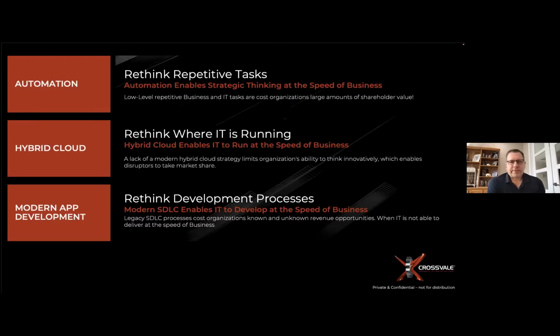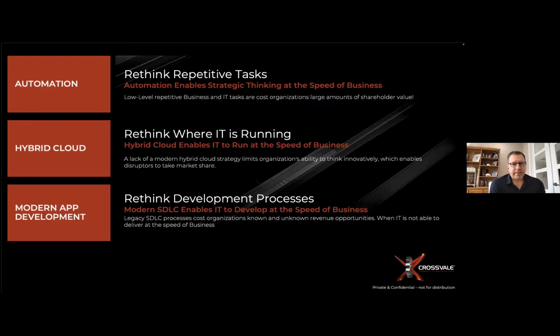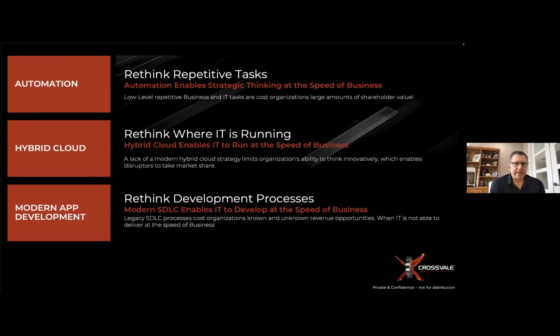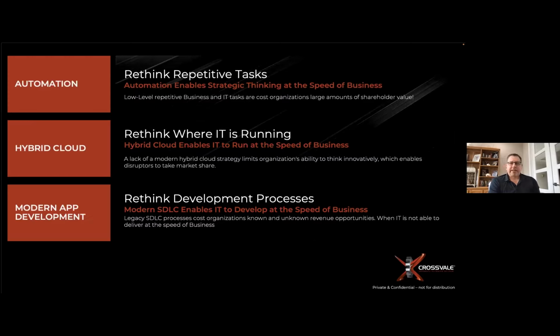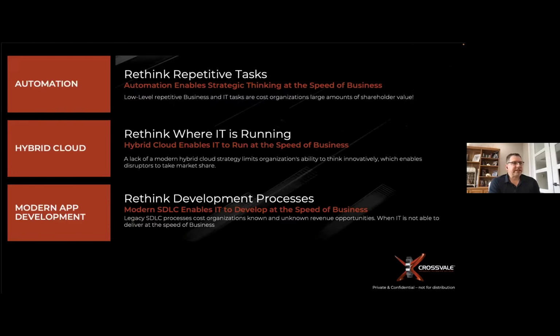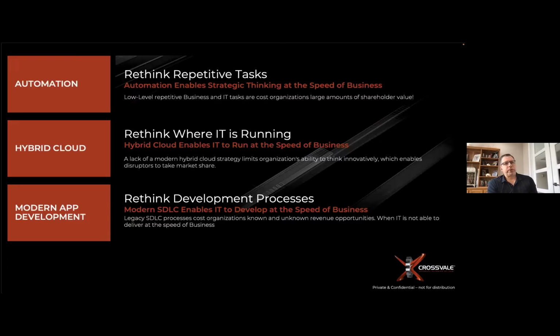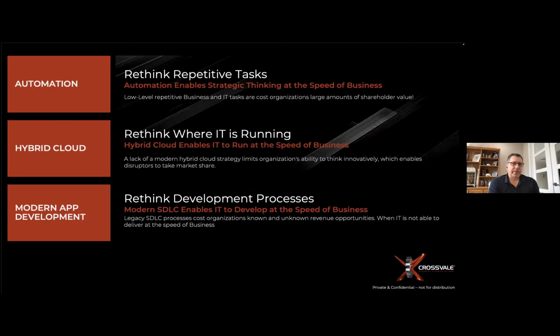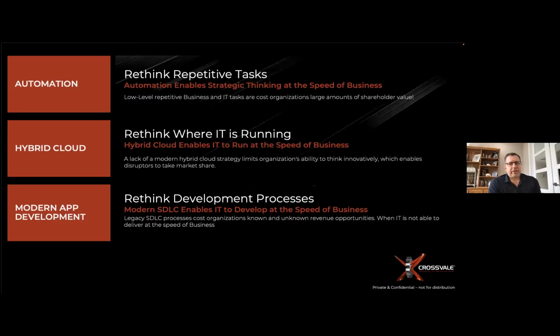So at Crossvale, we like to focus on 3 main areas that we're seeing as far as emerging technologies and common themes. One of them being automation. We like to help companies where they're taking a repetitive task and try to automate them and drive more efficiencies, and changing the speed at which they can roll out new apps. Also, we're seeing a lot with the hybrid cloud approach, where companies are realizing that not everything can go to a public cloud.